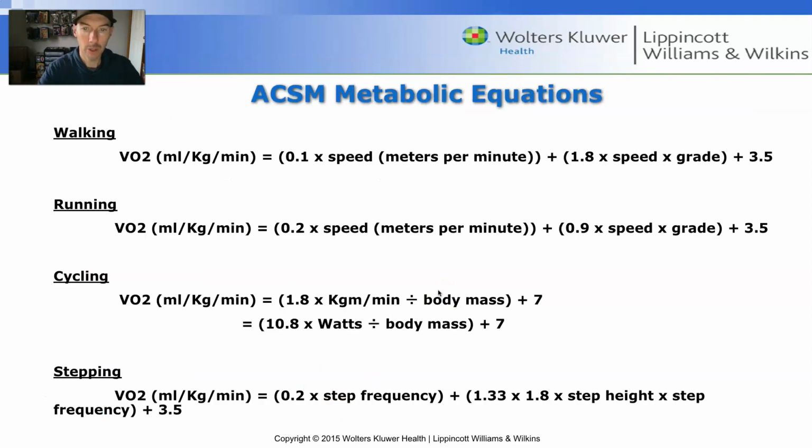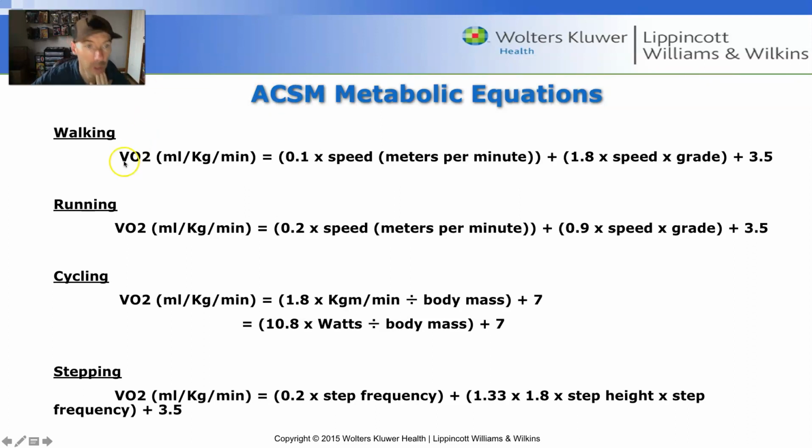Now, don't panic when you look at this, because I'm not even going to have you all solve these. I just want to show them to you. But these are equations we could use to predict energy expenditure in the common cardiovascular activities. So the American College of Sports Medicine, which is what the ACSM stands for, a long time ago, they developed what they call the metabolic equations, and they allow us to plug in different numbers.